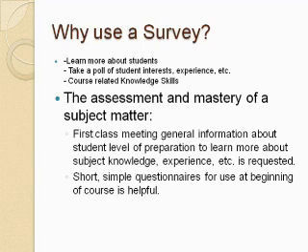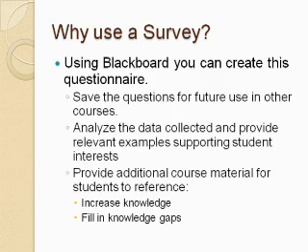So the assessment and mastery of the subject matter would include, at the first class meeting, general information about the student level of preparation, and you'll want to use a short, simple questionnaire, and do it at the beginning of a class. So you would use Blackboard for doing this.